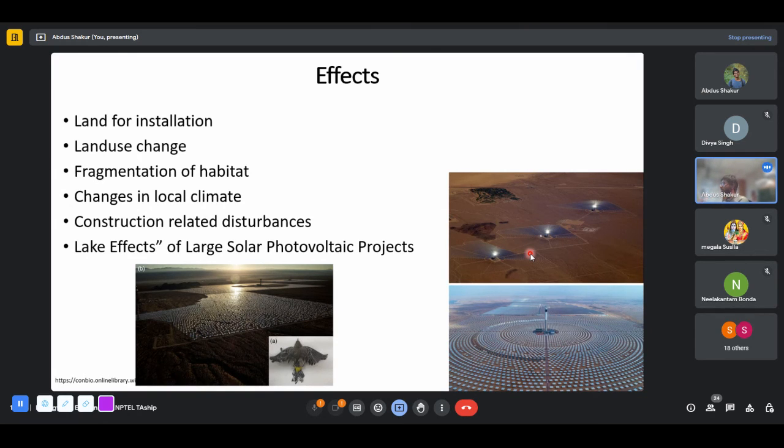They might just think, I finally found a water body. Let's just sit down and relax for a while and then continue on our migration later. Because of the mirage, they might perceive it as a water body and then try to come and land on the solar panels.